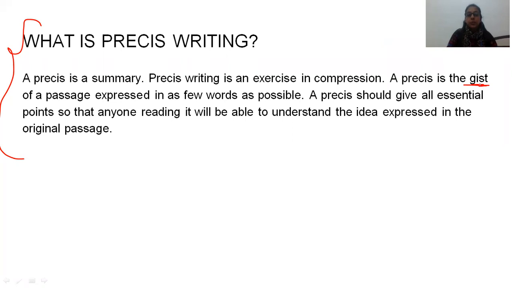Basically, Precis writing is a summary. For example, there is a story written in your English literature books, and it is a long story of approximately 2 to 3 pages. When a teacher calls you in the classroom and asks you to summarize the story, you cannot tell the story word to word because you have limited time.